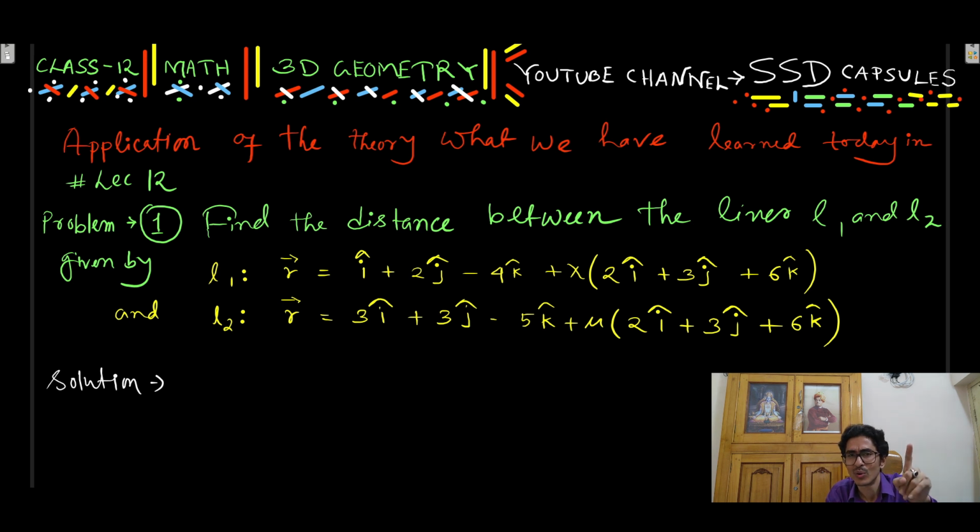This particular vector, observe minutely, these are same. That is the trick to identify whether the two given lines are parallel or not. So these two lines are parallel to each other.